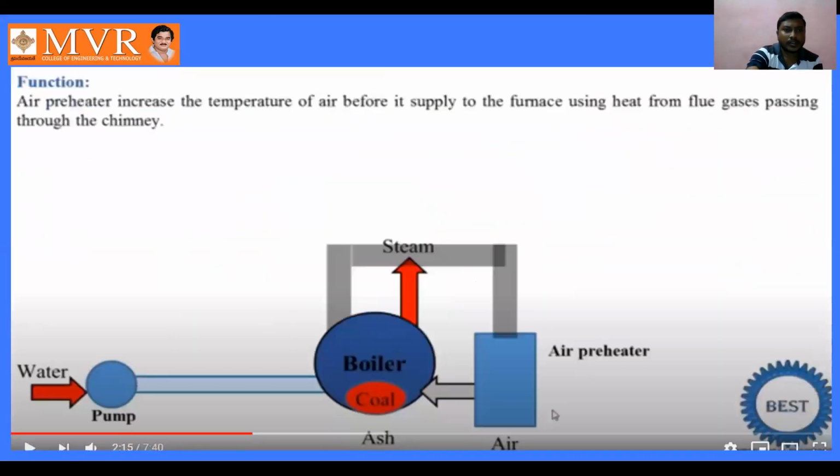Coming to the function of the air preheater: it increases the temperature of air before it is supplied to the furnace.